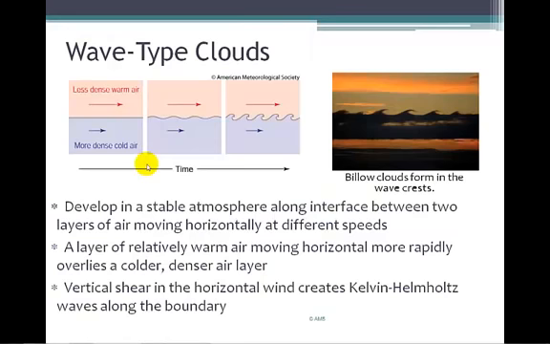Another wave type of cloud forms with a stable atmosphere right at the interface of two layers of air. So in this case, our layers of air would be dense cold air and less dense warm air, and the warm air wants to stay on top of the cold air because it's stable.